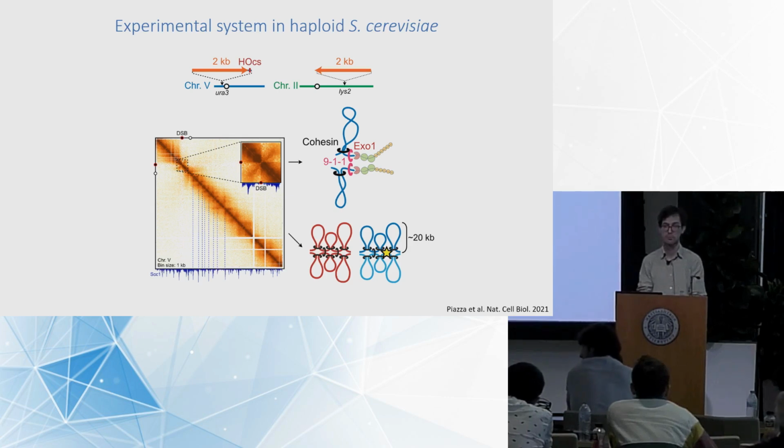My question is, very nice method. How much resection does one actually need to do the search? Because it seems to me this is an exceptionally long time, and it's not necessarily physiological. Although I'm sure the thing you described is physiological, I mean the loading of RAD51 and all that.